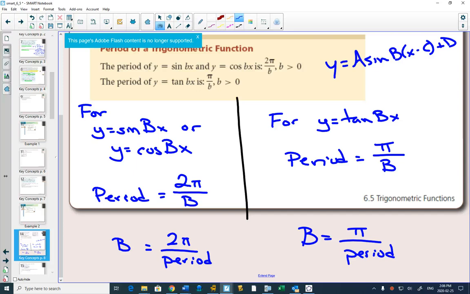And B relates to the period, so it's perfect. And then C will be a shift left and right. And then your D value shifts things up, which changes your sinusoidal axis.